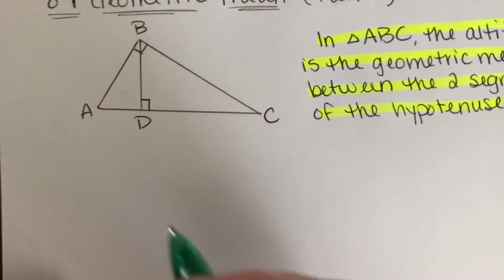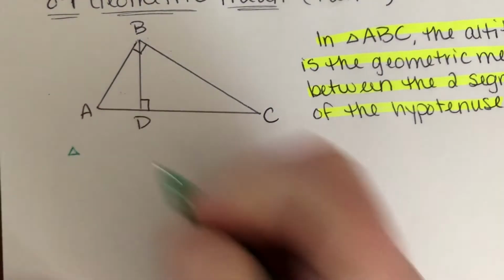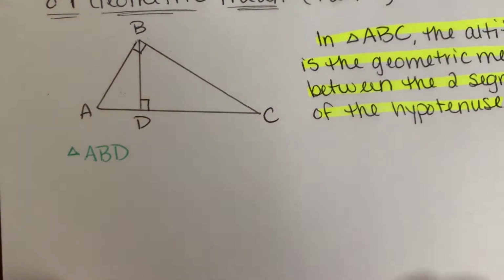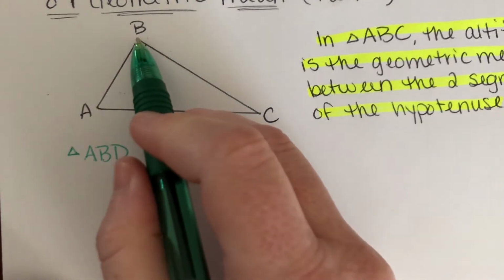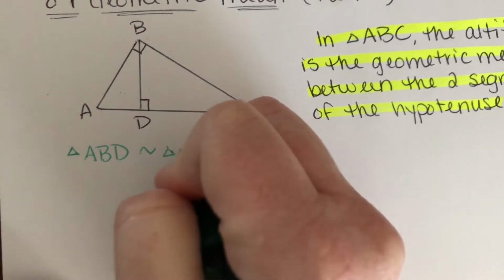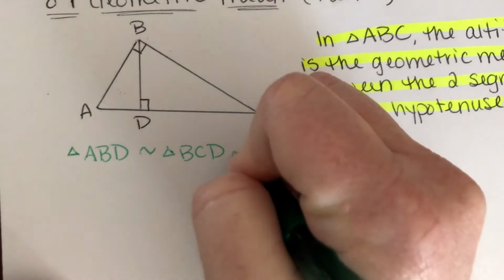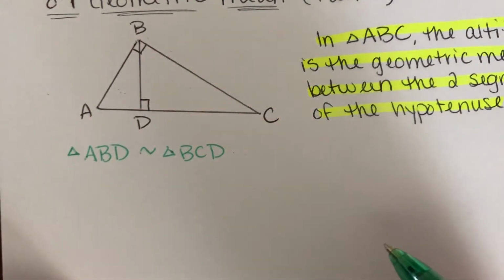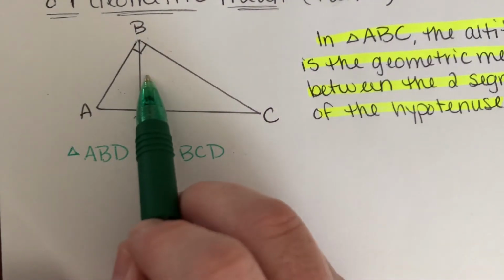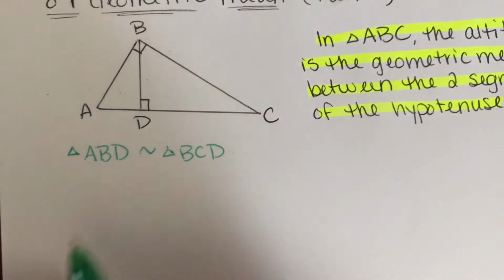So in triangles, this smaller one over here, triangle ABD, and triangle BCD, these two triangles are similar, and they're both similar to triangle ABC, but we'll get to that in a minute. We can set up a proportion if we're looking for the length of BD, right? So this is where our geometric mean comes in.